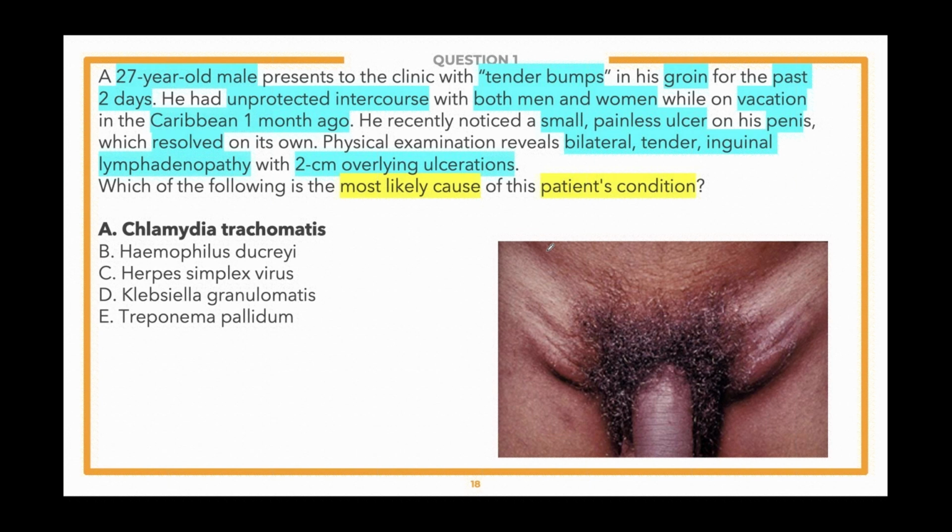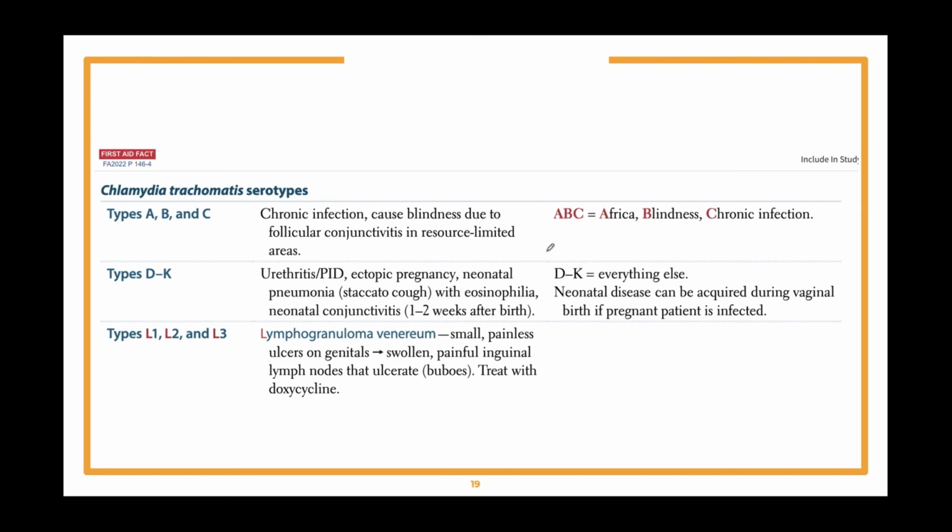So if we take a look at the next slide, this is actually a nice summary of the various subtypes of chlamydia trachomatis. It is important to know this because this is one of the common ways they will trip you up. They will give you a couple of answer choices with type A, type K, and you need to remember which one can potentially cause which condition. Now, in this case, it is type L1 to L3 that can cause lymphogranuloma venereum. You get a small painless ulcer.